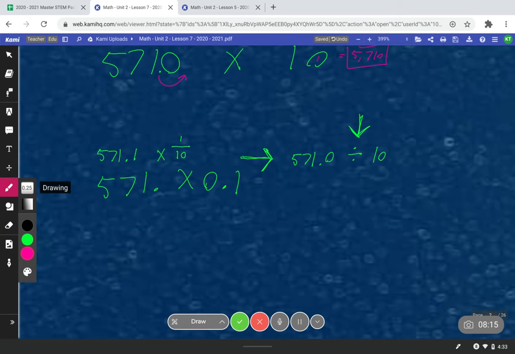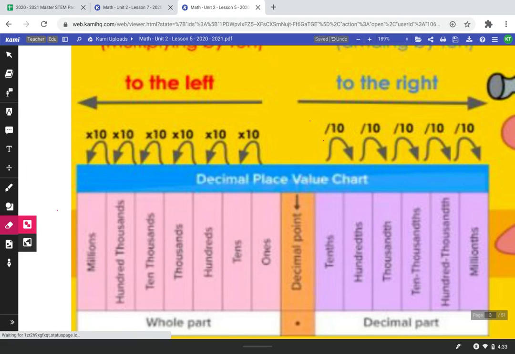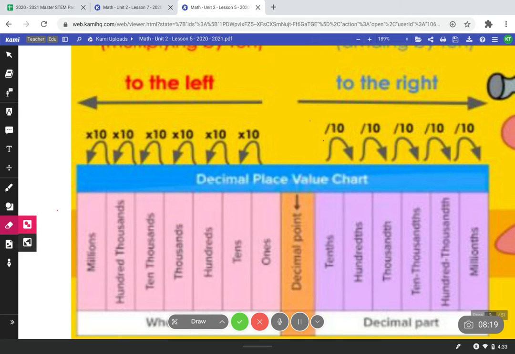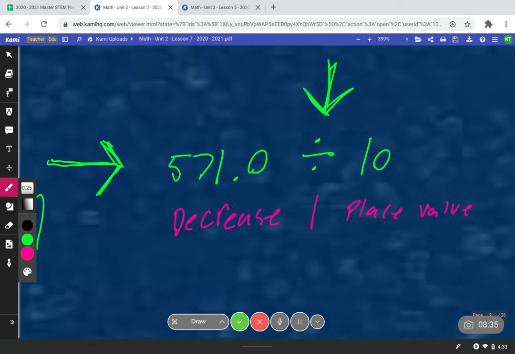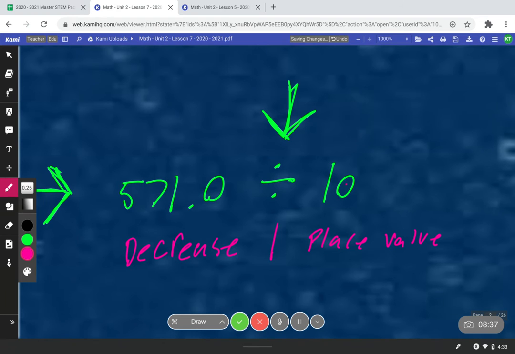That is going to make it easier because I can go back to this chart and go, look, when I divide by 10, I decrease in place value. So I decrease 1 place value. And I know it's 1 place value because how many zeros are in 10? 1.